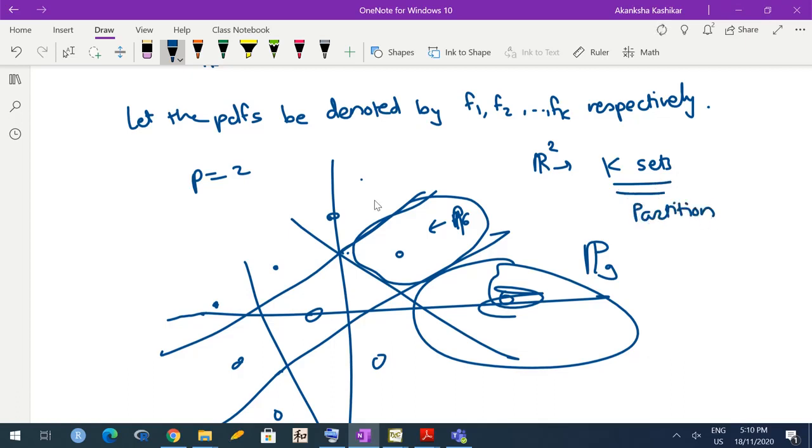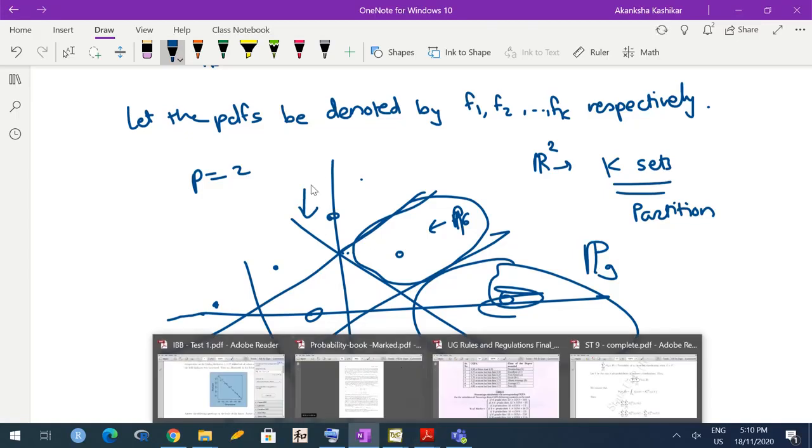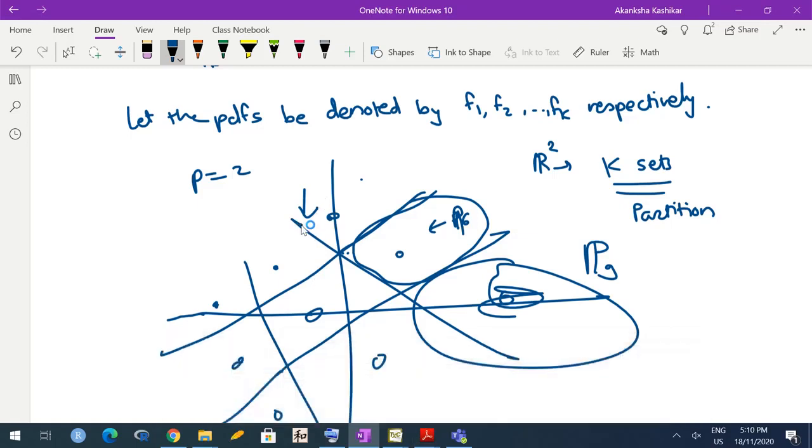Partition means those K sets are mutually exclusive and exhaustive. This is exactly what discriminant analysis is trying to tell us: that we are dividing our entire region into K sets such that if an observation belongs to, say, the ith set, we would allot it to the ith population. And our job is to find out how these K sets are created, that is, to find the equations for these differentiating lines.